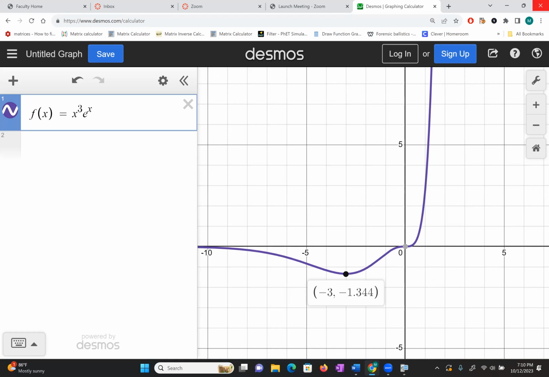So that's one of the values that we talked about, -4. If I hold it at -4, it's about there. There you go. So that's a -4. That's why I said that's going to be a negative.